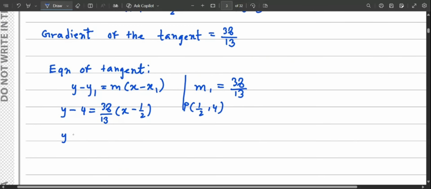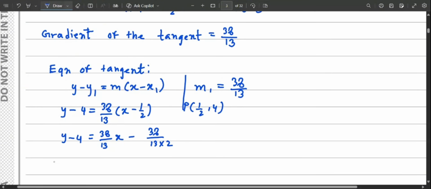Now we have y minus 4 equals 38 by 13 x minus 38 by 13 into 2.